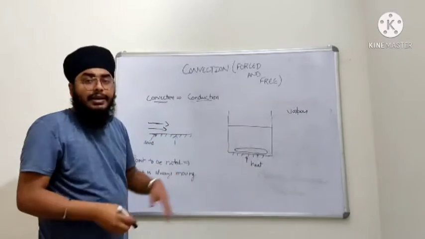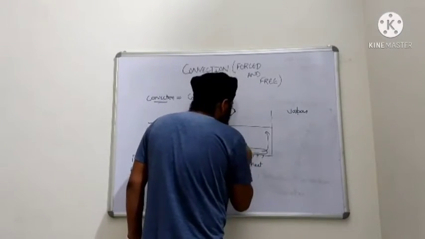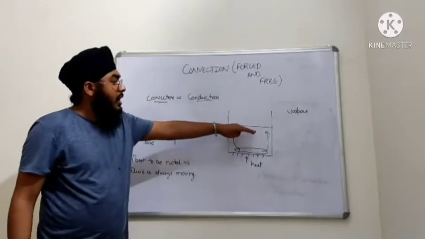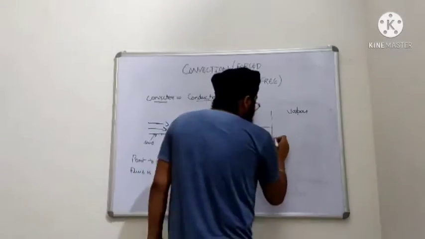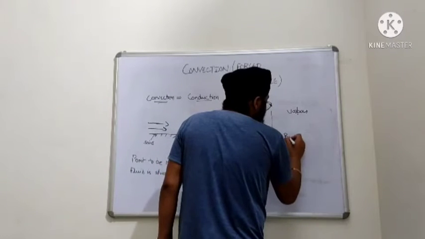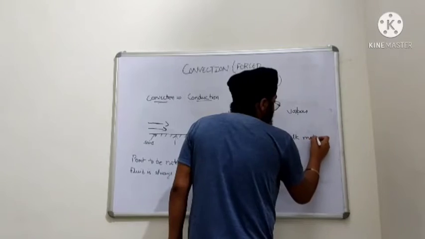Now, because of the density difference, this layer will go up and the layer which is above this will come downward. So, there is a bulk motion.